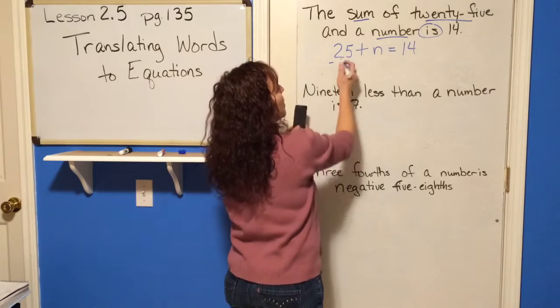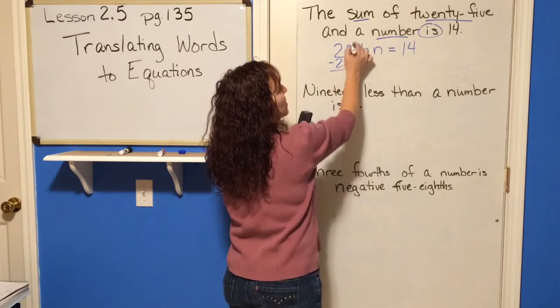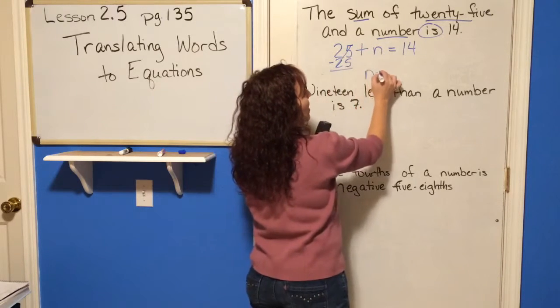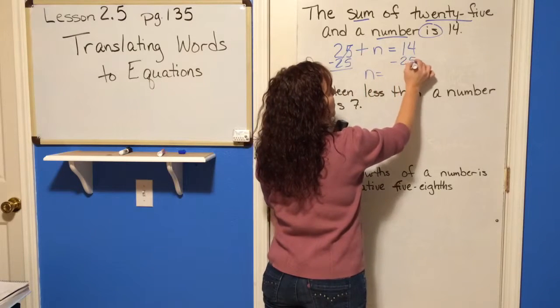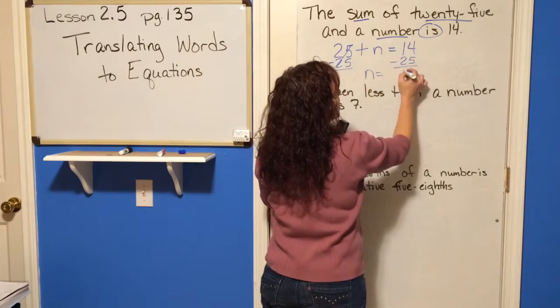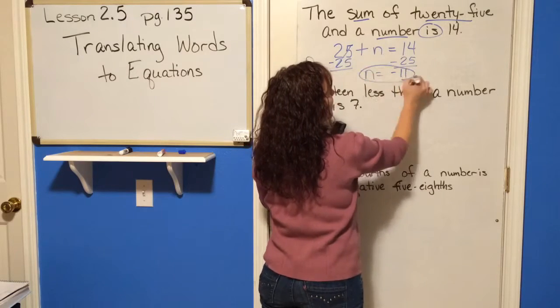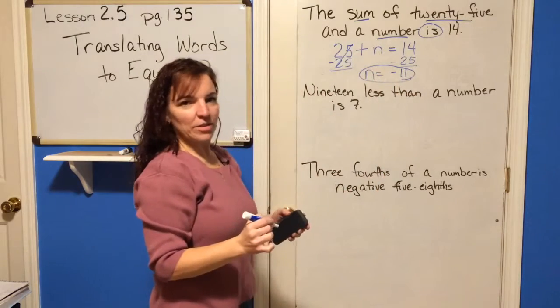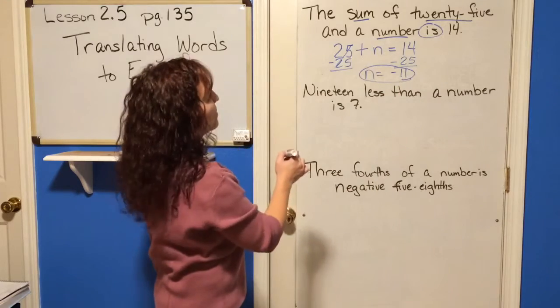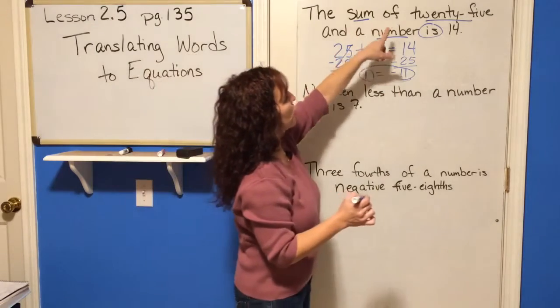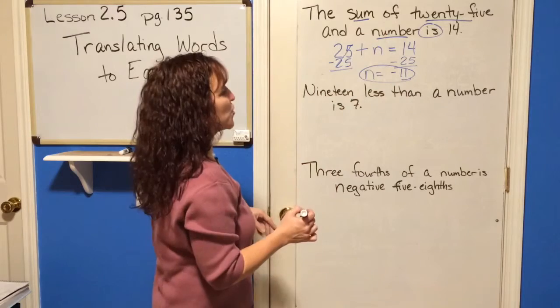Boy, I do that sometimes, don't I? You're going to subtract. So n equals 14 minus 25, which is negative 11. So n is negative 11. All right. So the sum of 25 and negative 11 is 14.